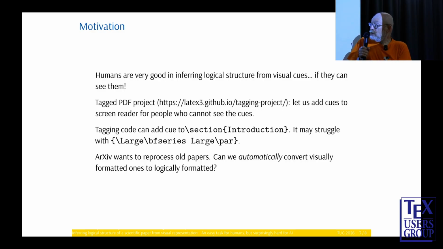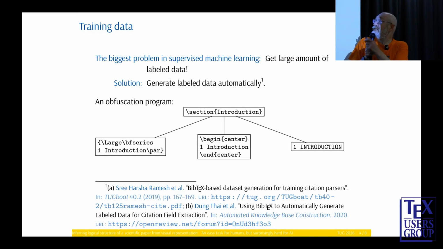So we decided to create a system which will take visually formatted LaTeX text, and because we were thinking about arXiv reprocessing, we start from the source, not from PDF, extract logical information, and go on.